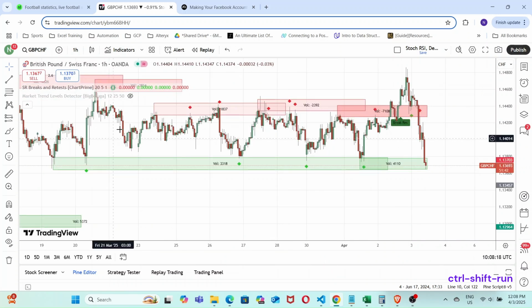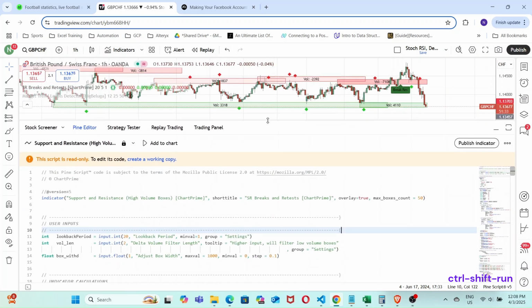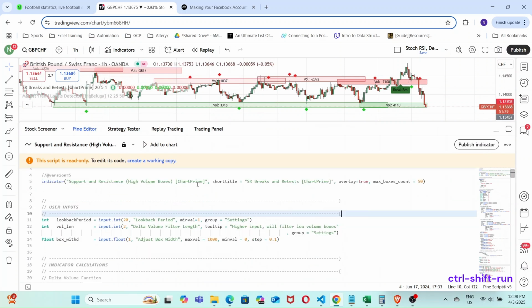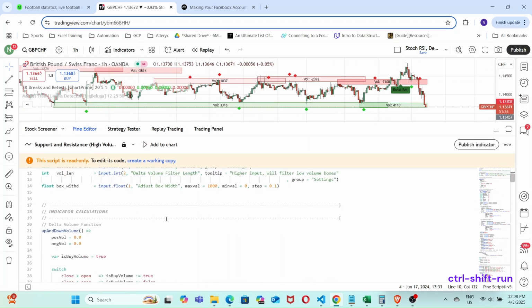Now let's take a closer look at how the code works. You can see the user inputs that we just went through at the top here.